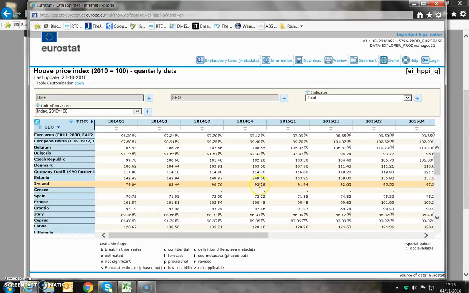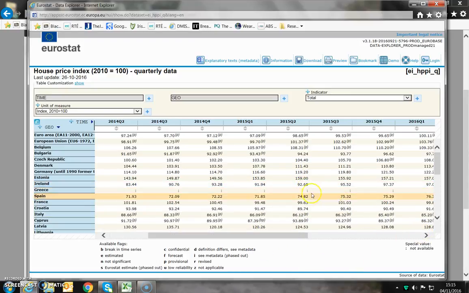About 6.5% just over it in 2014 quarter 4. Bit of a change in prices here. They've fallen a taste, down to just over 8% lower than what they were in 2010. And as you scroll along, you can see that they are increasing over time.